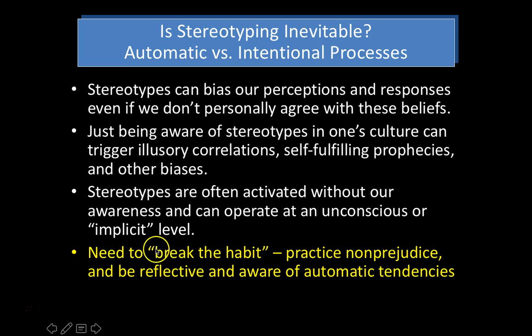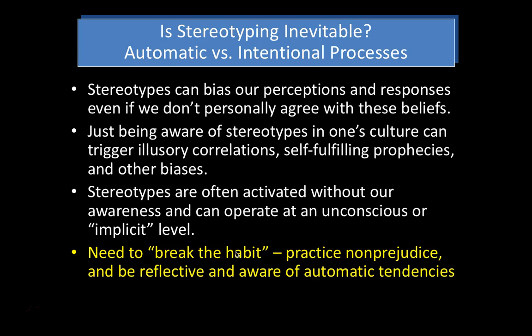But what research has shown is that people can actually learn to break the habit. They can practice non-prejudice, become more reflective, try to become more aware and hold at bay those automatic tendencies that we have. And when we do it, fix it. So with practice, people can, to some extent, decondition themselves, extinguish these kinds of automatic associations that lead to implicit biases.